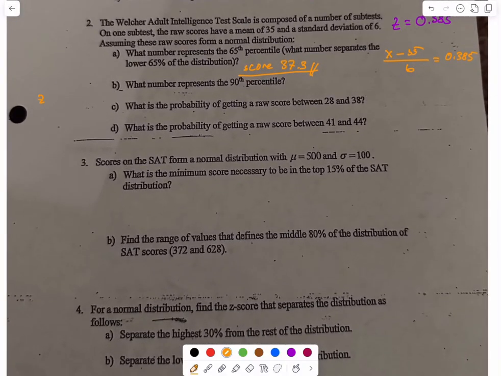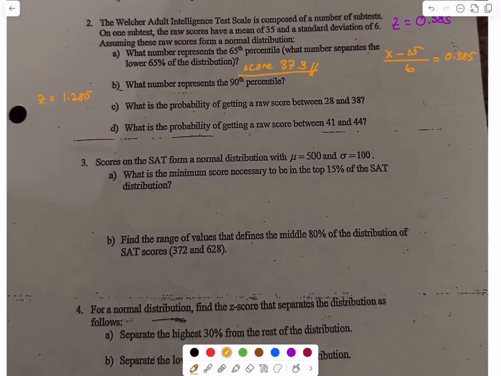So I'm getting a z-score of approximately 1.285. So we found a percentile. It's between the 1.28 and 1.29. There's a little bit more to do to make that more precise, but this will get us close.